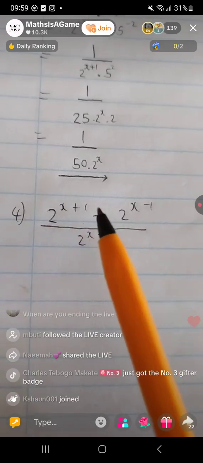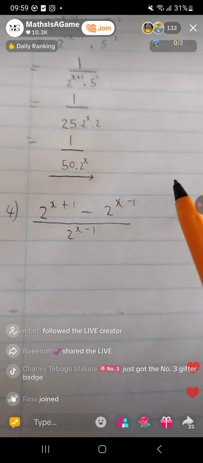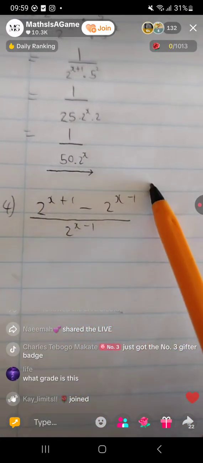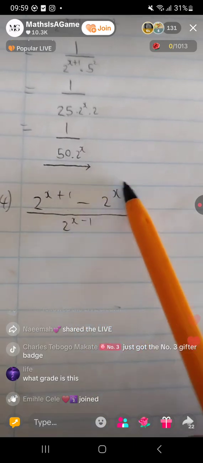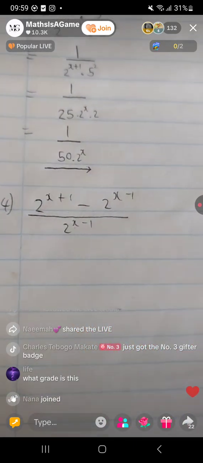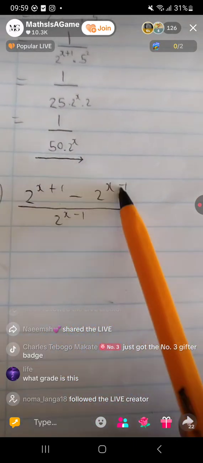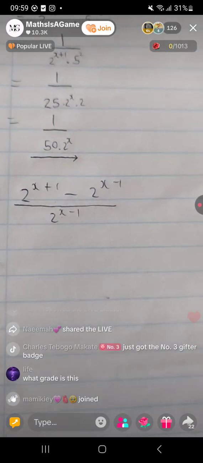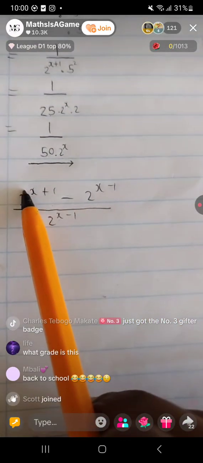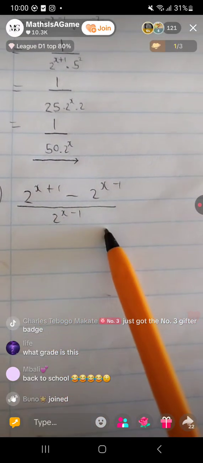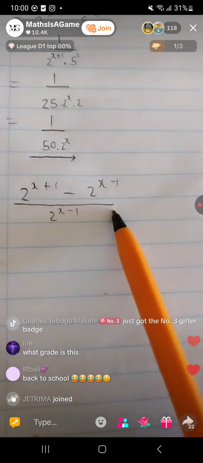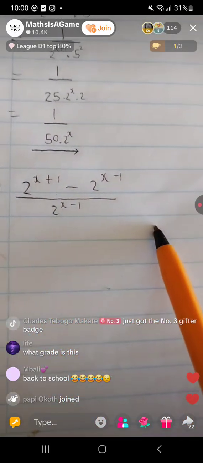over 2 to the power x minus 1. So once again, we look at the entire expression, grade 11s. Then we ask ourselves how many terms are in the expression. The line means one term.